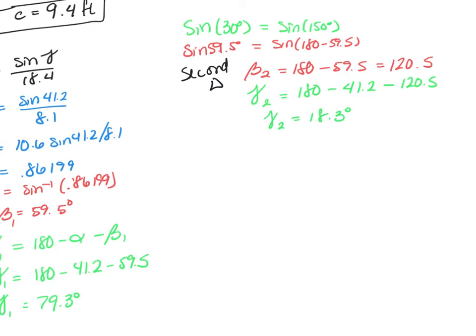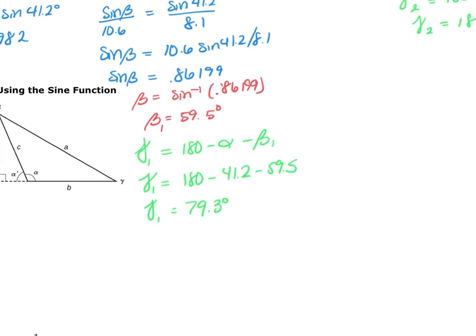So I now have to find my C for both of these. I'm going to do my C1 first. The way I'm going to find that, because I'm chasing the side C, is C1 over the sine of 79.3 degrees.